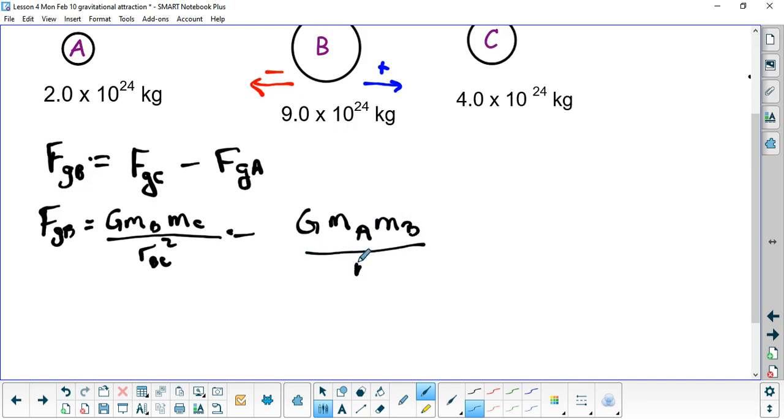Divided by the radius of A, B, the distance between A and B squared. So let's put all our numbers in.